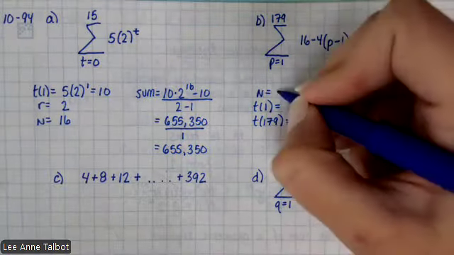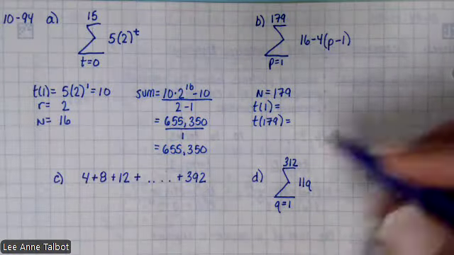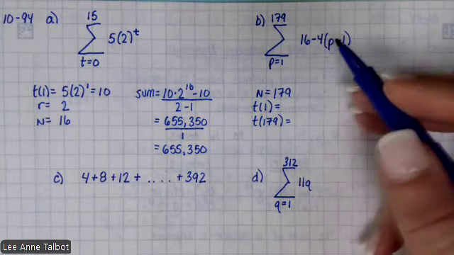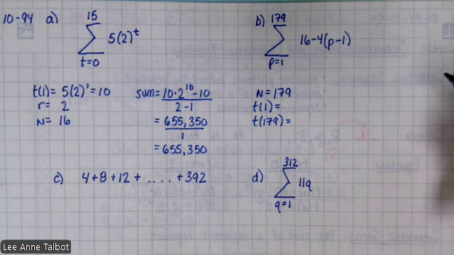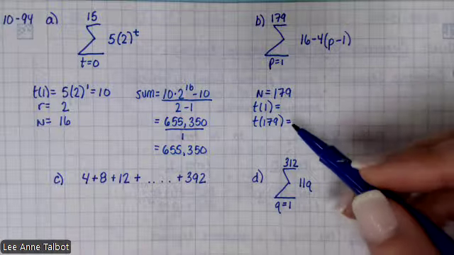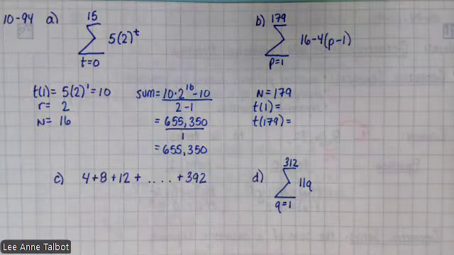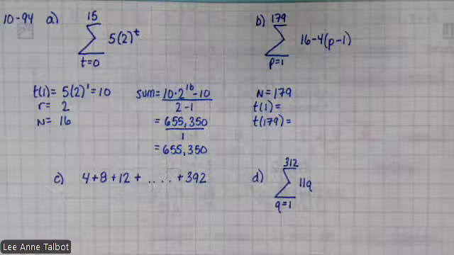So there are 179 terms, no need to overthink. We started at 1. How do I get the first term when I have the equation? Plug in 1. How do I get the last term, the 179th term, when I have the equation? Go for it, and then do the Gauss formula. You got this.